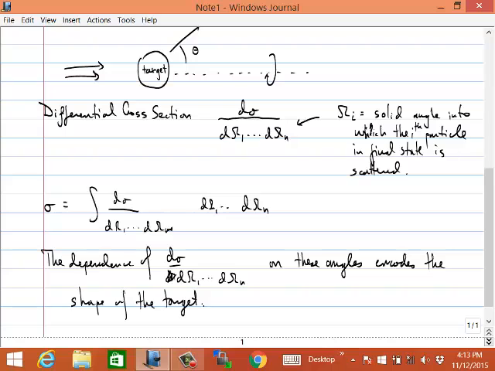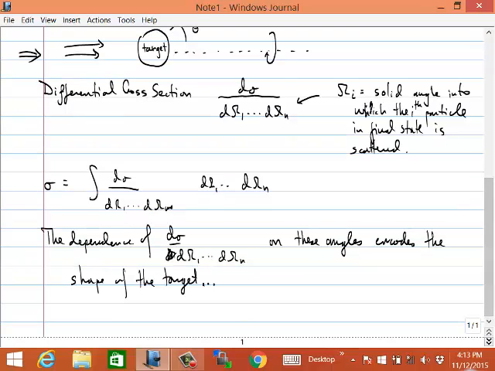For example, if you imagine the simple picture that we've drawn up here, where you have some beam of incident particles that's incident on some target, then if the target is a perfect sphere, then you would imagine one particular shape for this differential cross-section, so one particular functional form for d sigma by d theta. But if the target is an oval or a square or something like that, then you would get a different sort of shape. Okay. And so this is clearly some sort of interesting thing that we would like to learn how to extract from our Feynman diagrams.